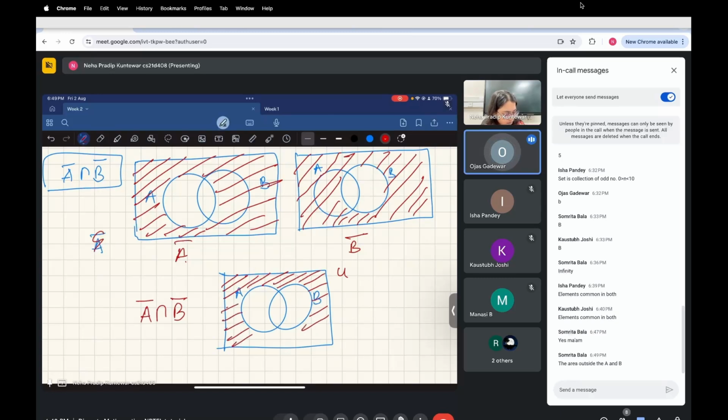So the shaded area here is exactly what A bar intersection B bar would look like. This is the diagram that we have for the expression on the left, and we would like to show that you get the same diagram for the expression on the right.